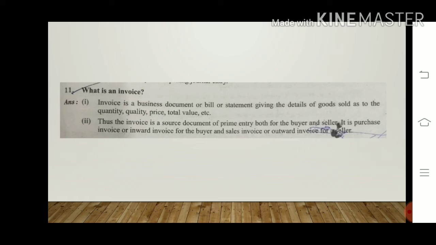It is a purchase invoice or inward invoice for the buyer, and an outward invoice for the seller. Inward invoice is recorded in the purchase book, and outward invoice means sales book. So invoice means one of the business documents or bills or statements.